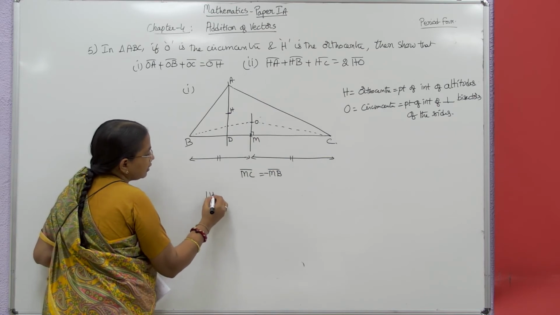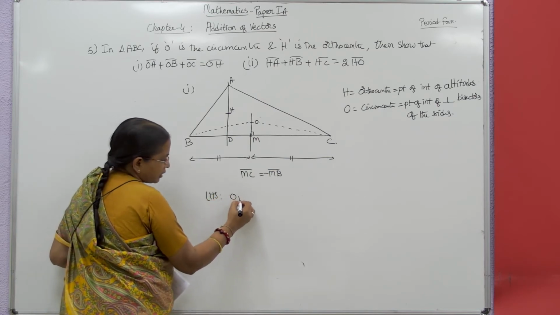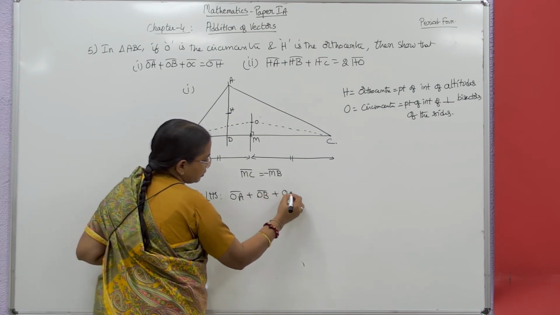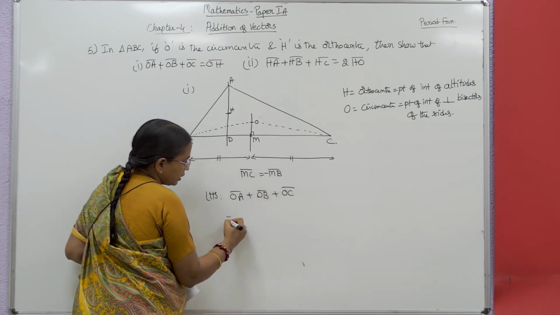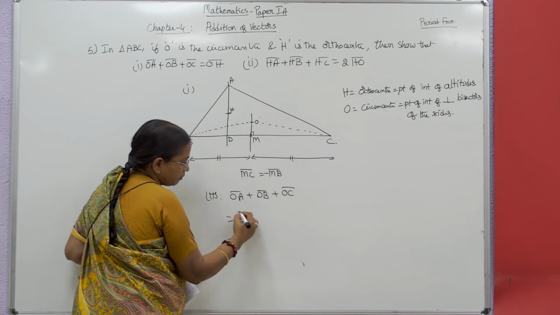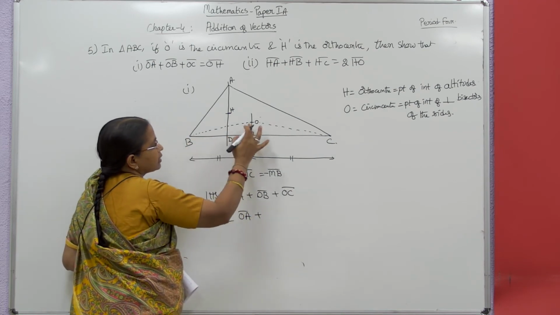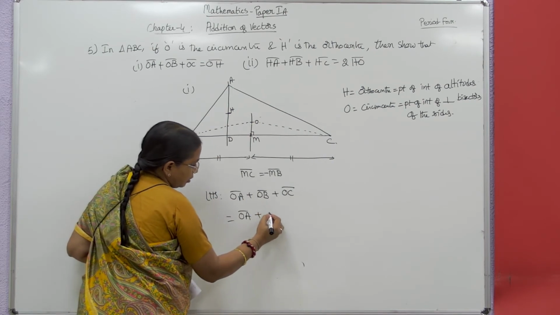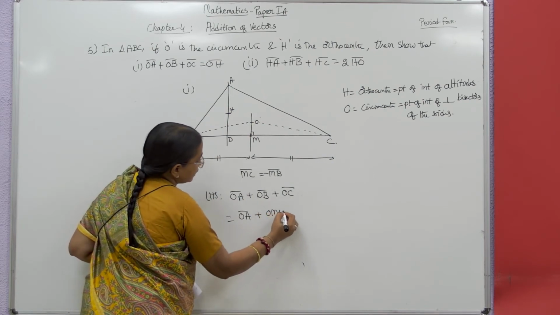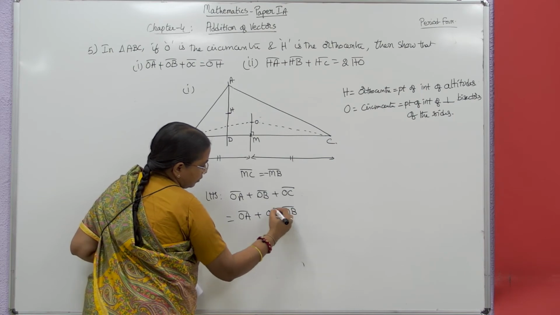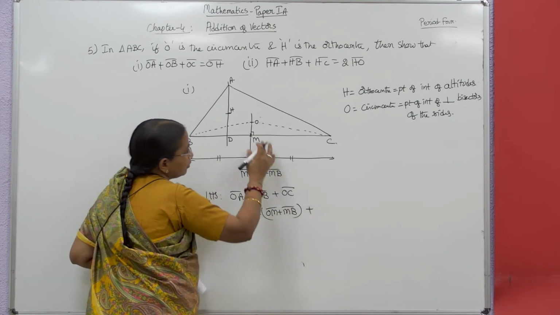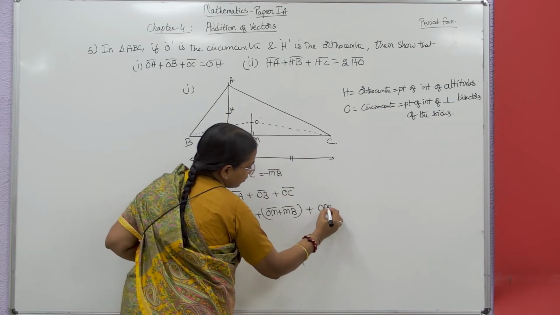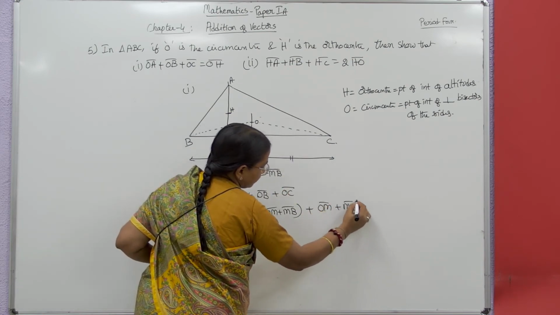Now we'll take the left hand side. Left hand side is OA plus OB plus OC. OB we write as OM plus MB according to the triangle law, and OC is OM plus MC.